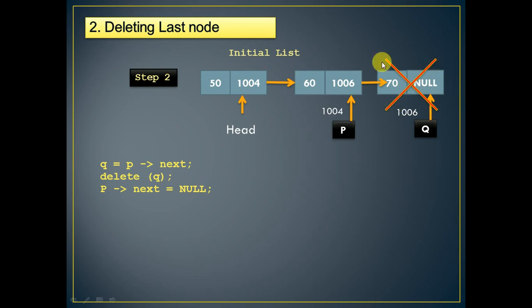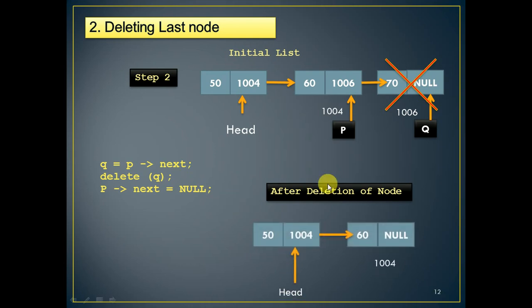Then we delete that q node, and after deleting we set p points to next to null, so that this node is now the last element of our list, that is p points to next is equal to null. After the deletion of the node, our list will contain only two nodes, 50 and 60, and the last node of our list has its next field as null.